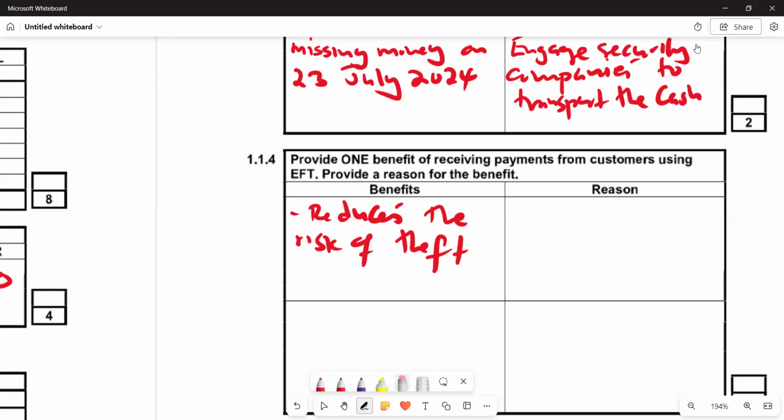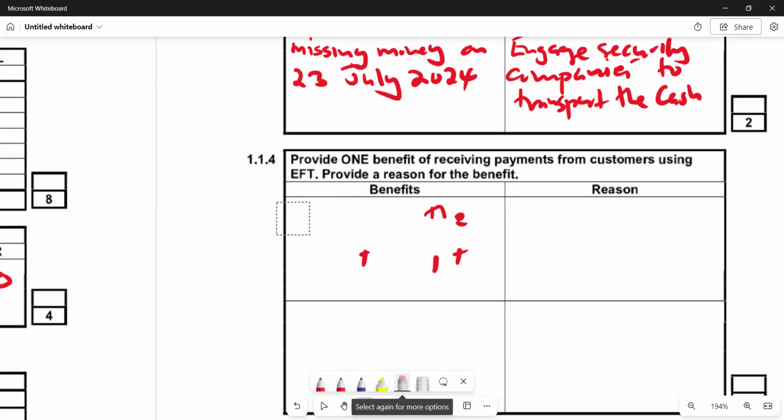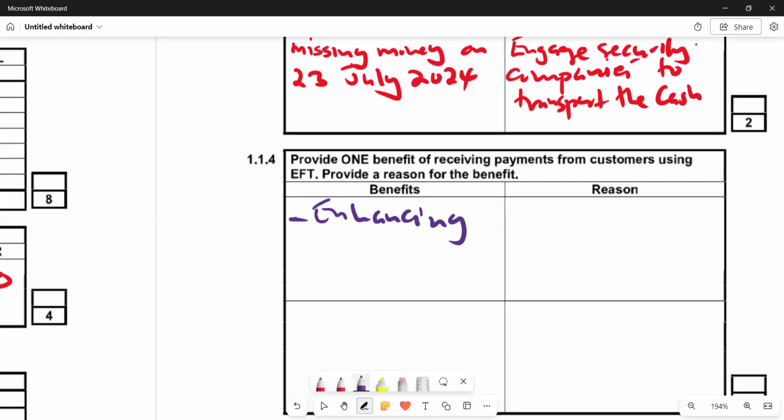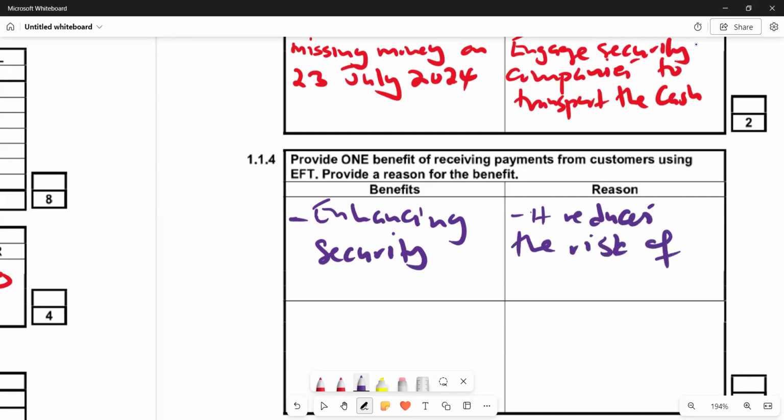So here we can just remove this one and present it as a benefit, it's enhancing security. So the reason being, it reduces the risk of theft.